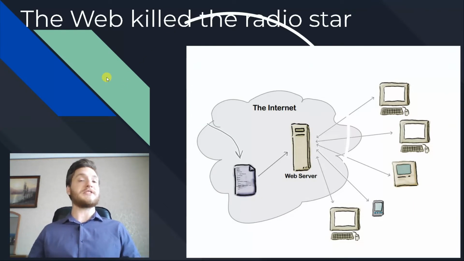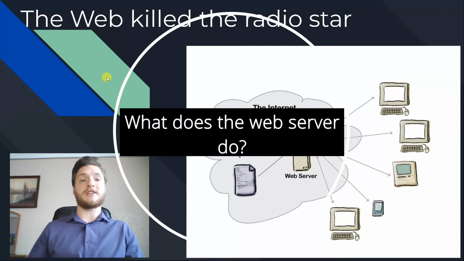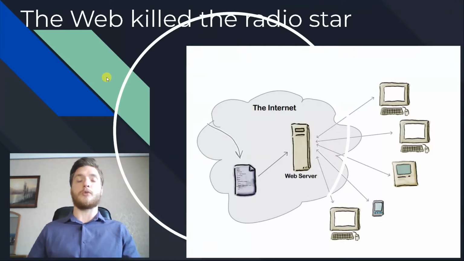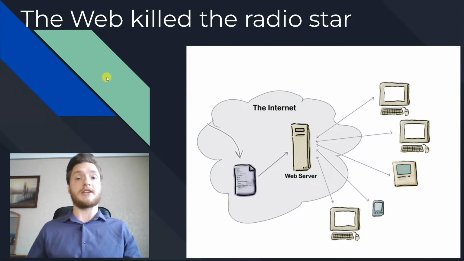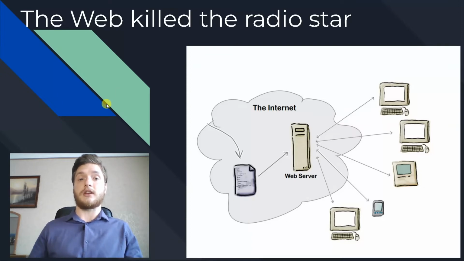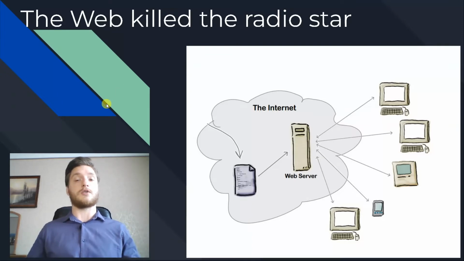What does the web server do? Web servers have a full-time job on the internet, tirelessly waiting for requests from web browsers. What kinds of requests? Requests for web pages, images, sounds, or maybe even a video. When a server gets a request for any of these resources, the server finds the resource and then sends it back to the browser.